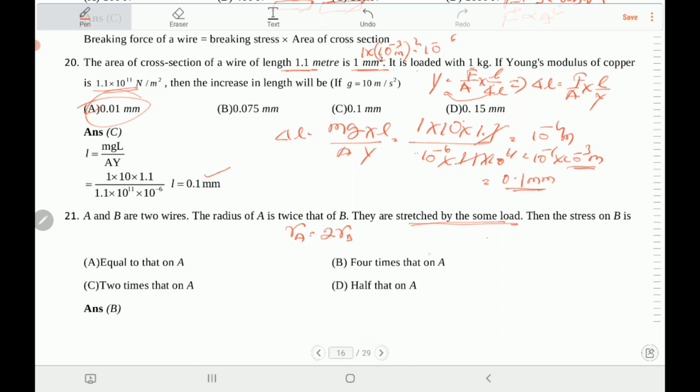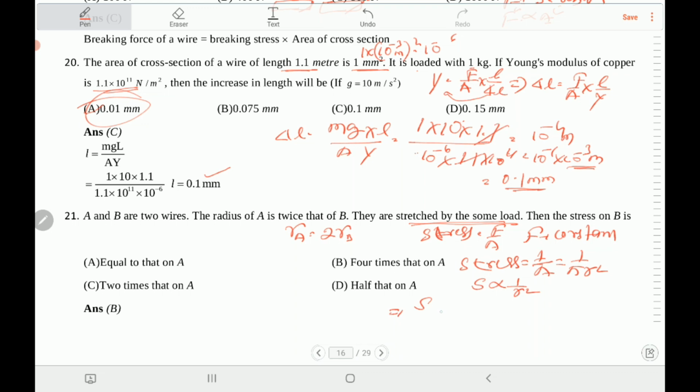Then the stress on B is, stress is force by area. F is a constant in our discussion. Since F is a constant, stress is inversely proportional to area. Area for a wire is pi r squared.